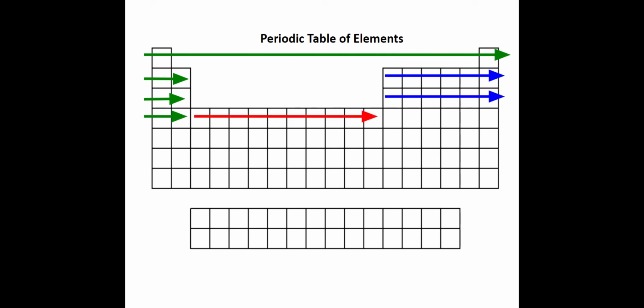Then this one is not called the 4d subshell. It's treated as the 3d subshell. How's that for craziness? Then the 4p, as in principal subshell.